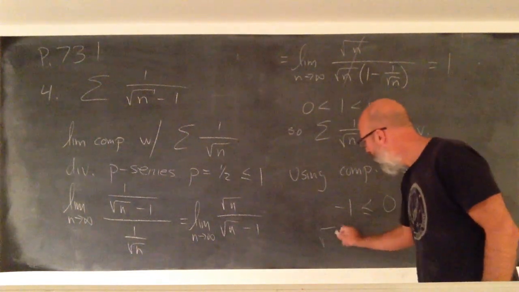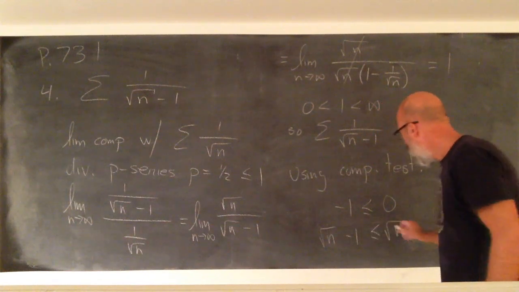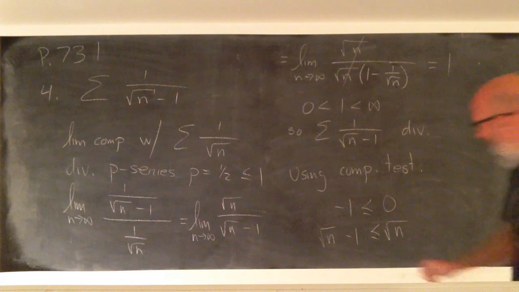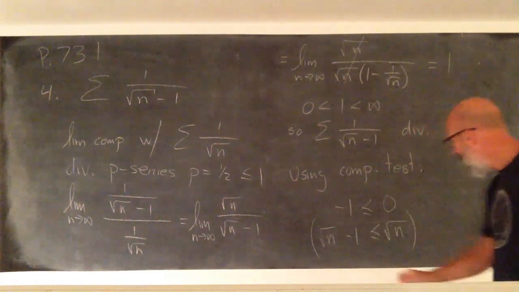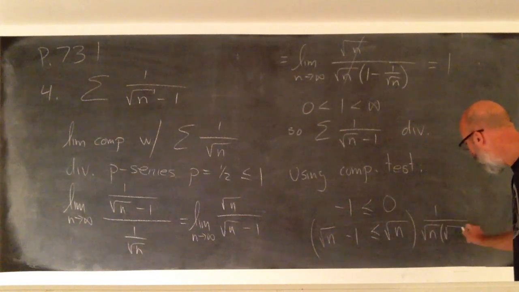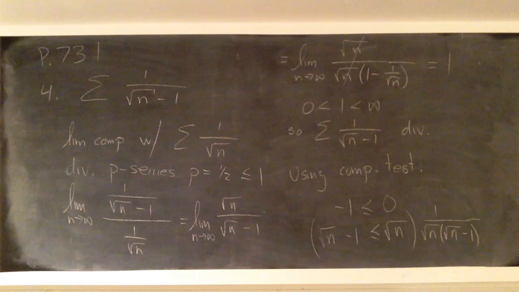So square root of n minus 1 is less than or equal to square root of n. And if we multiply the whole thing by 1 over root n minus 1, which is a positive term, the inequality remains.